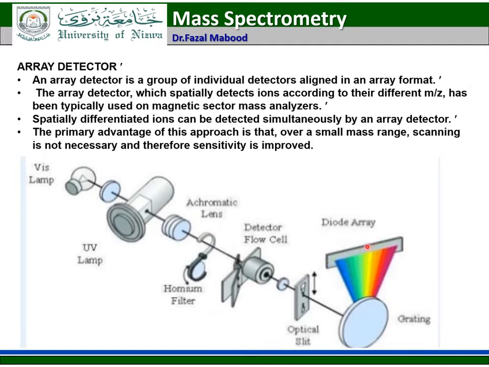The array detector, which detects ions according to their different mass-to-charge ratio, is difficult to use with a magnetic sector mass analyzer. Spatially differentiated ions can be detected simultaneously by an array detector. The primary advantage of this approach is that over a small mass range, scanning is not necessary, and therefore sensitivity is improved.